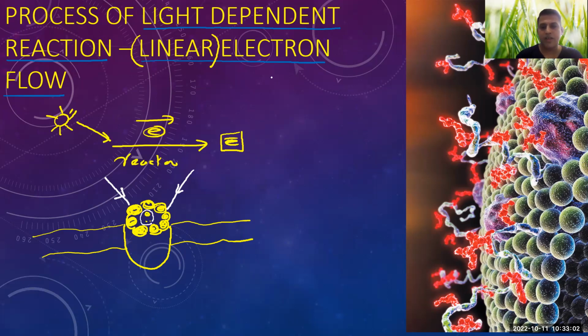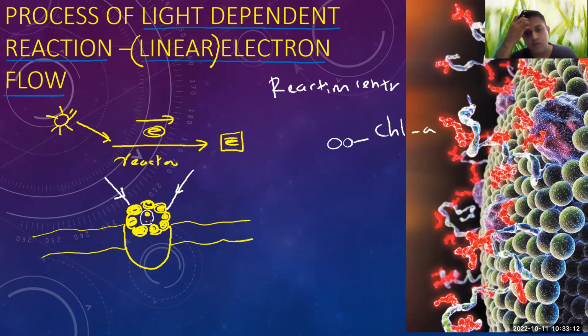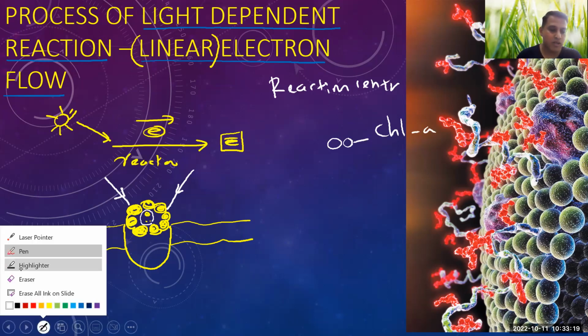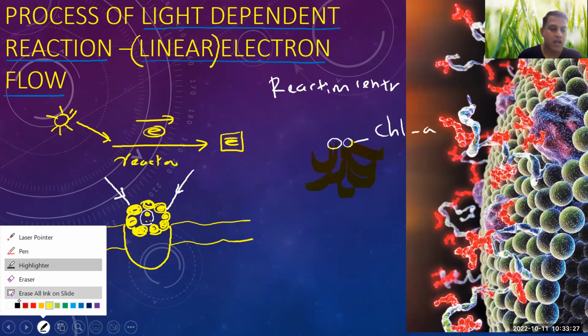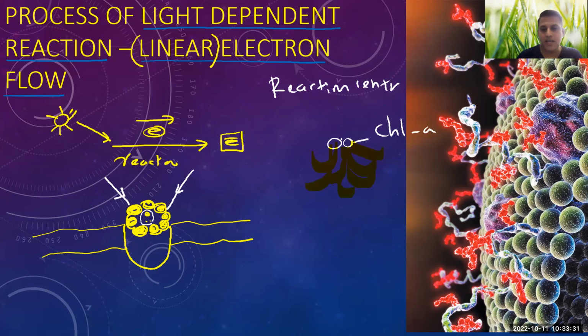So what is happening in the reaction center now? This is a pair of chlorophyll A molecules. And all the light is now channeled to this chlorophyll A molecule. The electrons are excited.